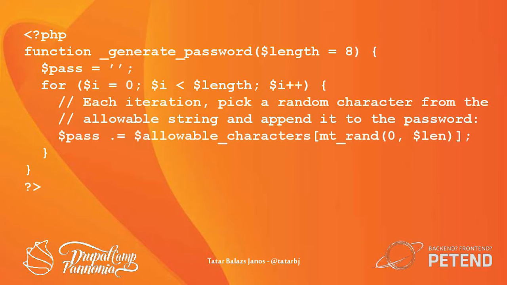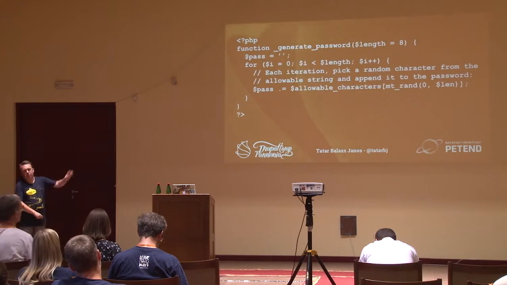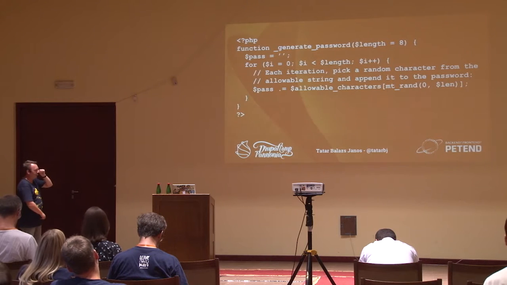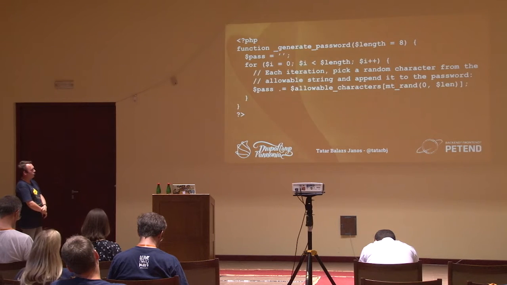So that's a generate password, some sort of function that iterates at least 8 times and says the allowable characters, imagine it's there, so that's why I told you syntax errors are just out of the context, and usage of mt_rand between 0 and the length.